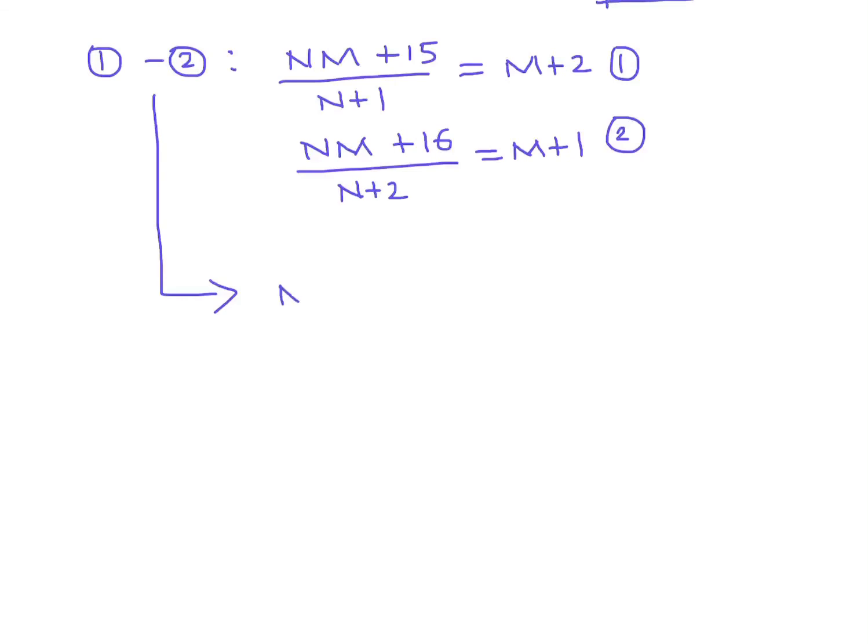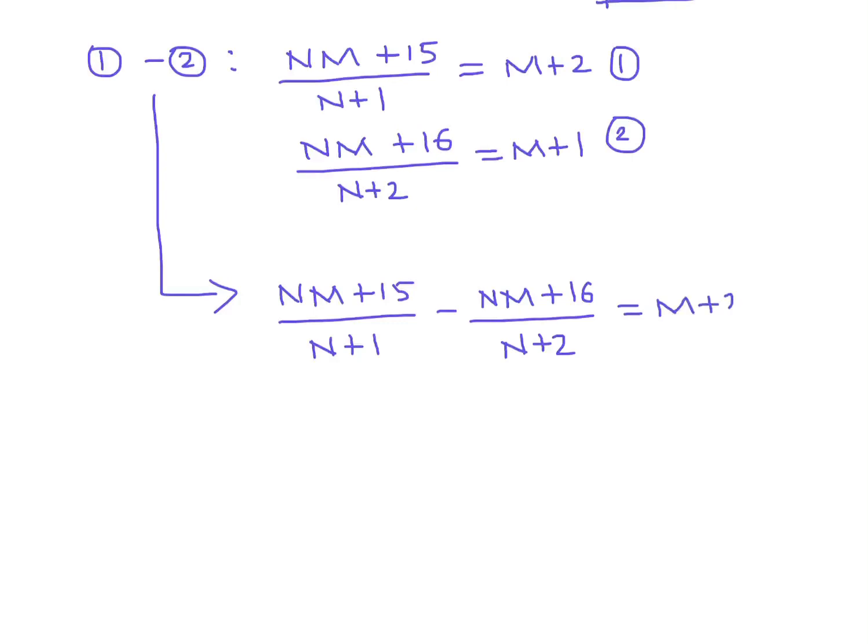So one minus two: nm plus 15 over n plus 1 minus nm plus 16 over n plus 2 is equal to m plus 2 minus m minus 1. All right? So a lot of algebra here. So let's just do the right side.